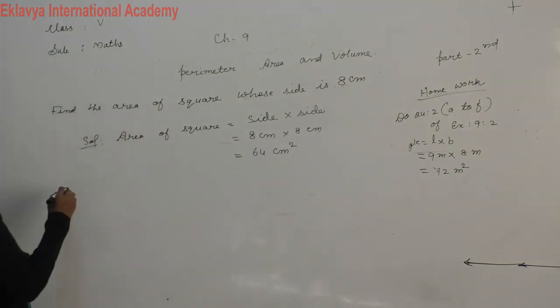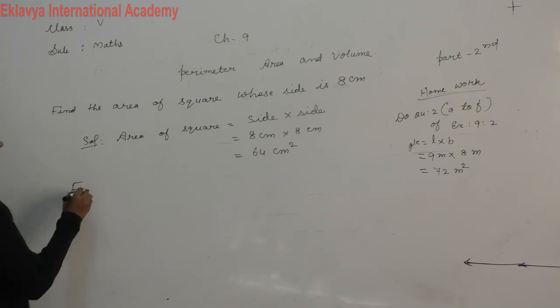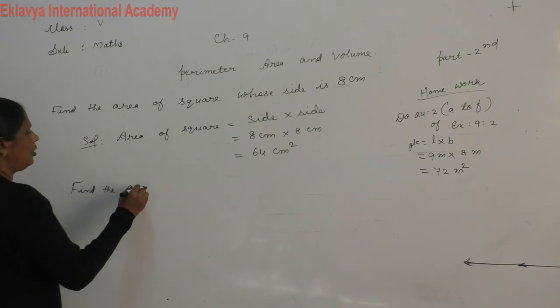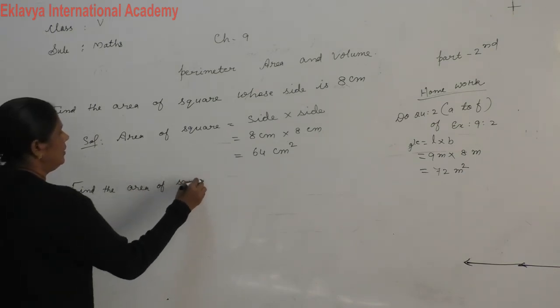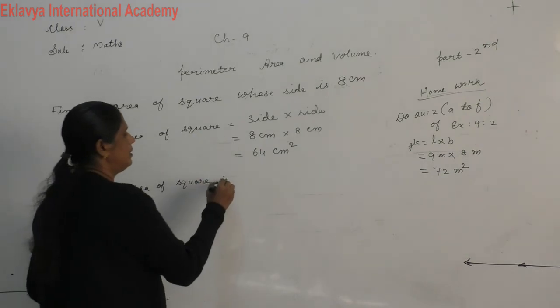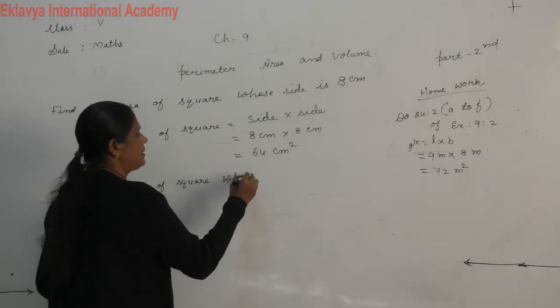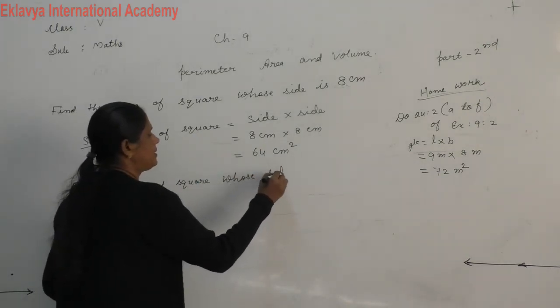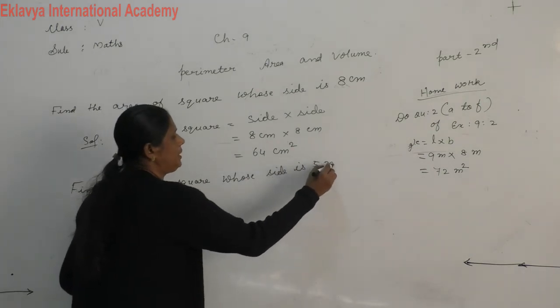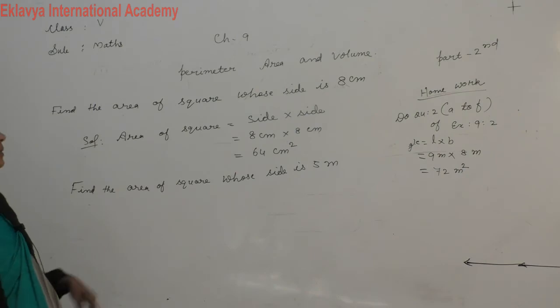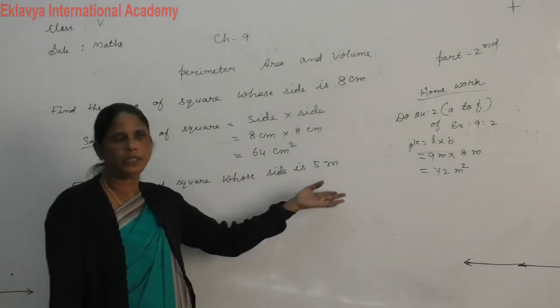Another question. Find the area of square whose side is 5 meter. Here which unit comes? Meter.